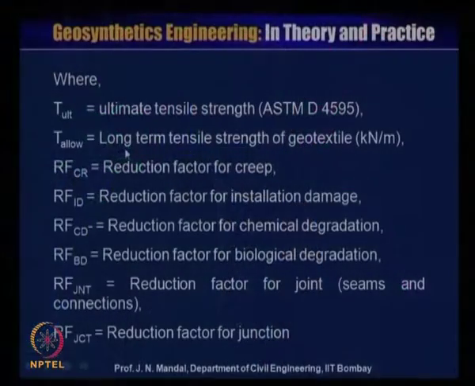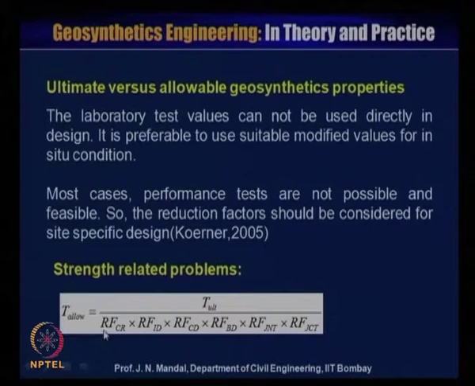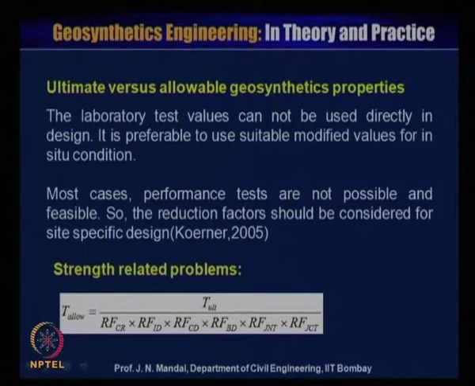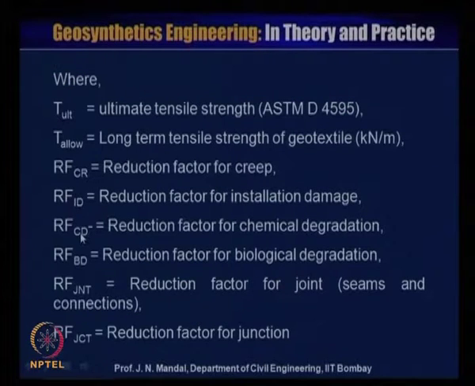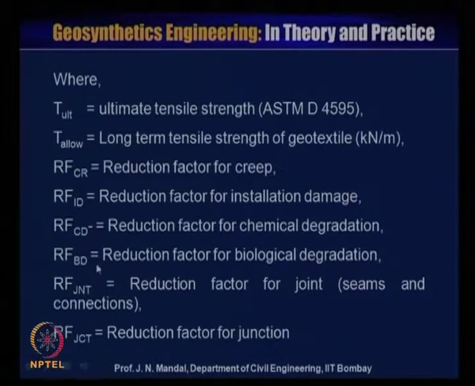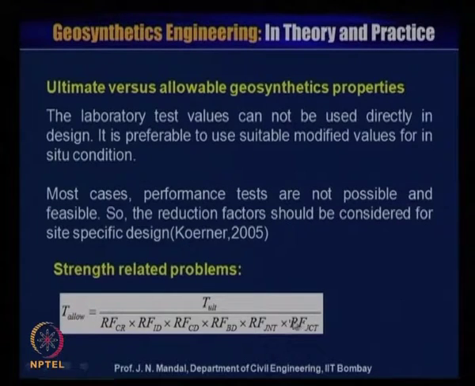T is the ultimate tensile strength, T allowable is the allowable tensile strength, RFCR is the reduction factor for creep, RFID is the reduction factor for installation damage, RFCD is the reduction factor for chemical degradation, RFBD is the reduction factor for biological degradation, RFJNT is the reduction factor for the joint, and RFJC is also a reduction factor for the joint.